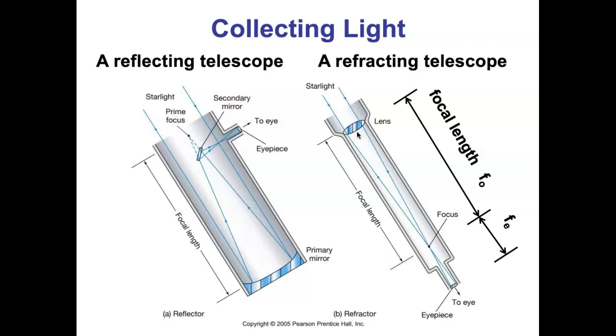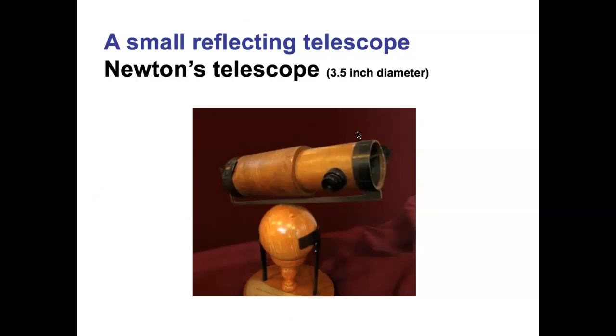And if you've got a bigger light bucket, you can collect more light per second, you can make faint objects look brighter, you can see deeper into the universe. So the bigger the diameter, the more you can see into space by making faint objects that are far away look bright enough to be visible.